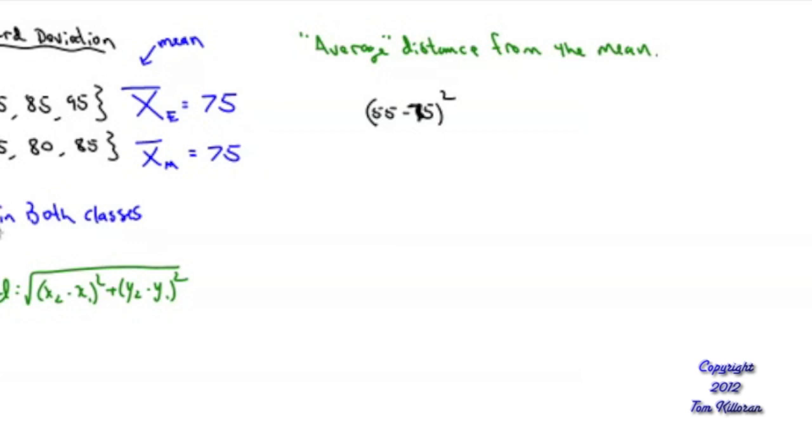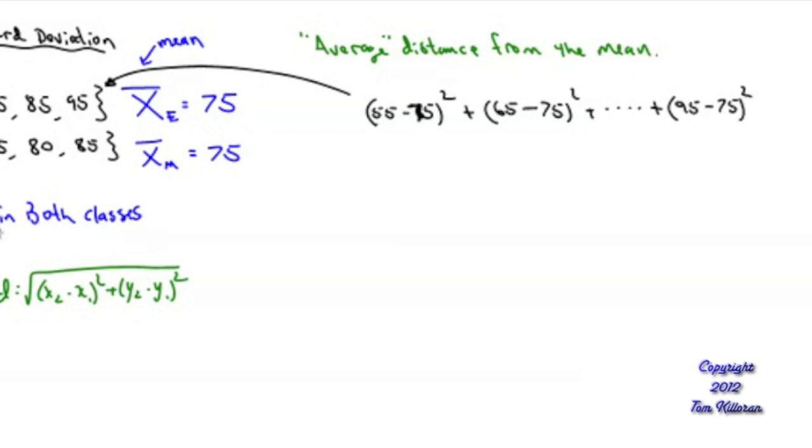I just wanted to get you used to what we're doing. Then we take the next number, we're doing English here, 65, and subtract it away from the mean, which is 75, and then square it. And we keep doing that until we get down to the last number, which is 95, subtract it away from 75, and square it.